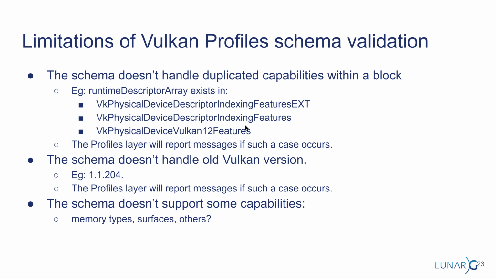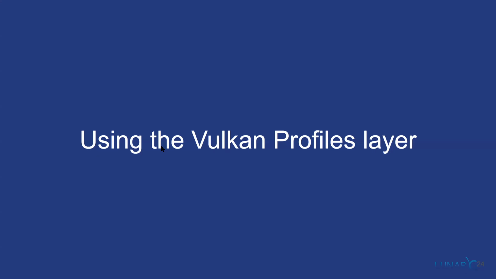And if we reference it with different values inside the same capability set, the profile file will be valid, but it's an undefined behavior. So we don't know which value should be taken out of these three values. But for that, we can use the profile layer that will report a message in such a case.